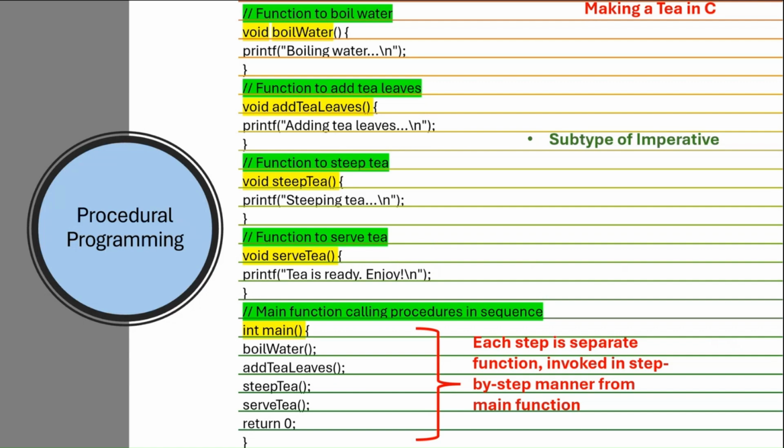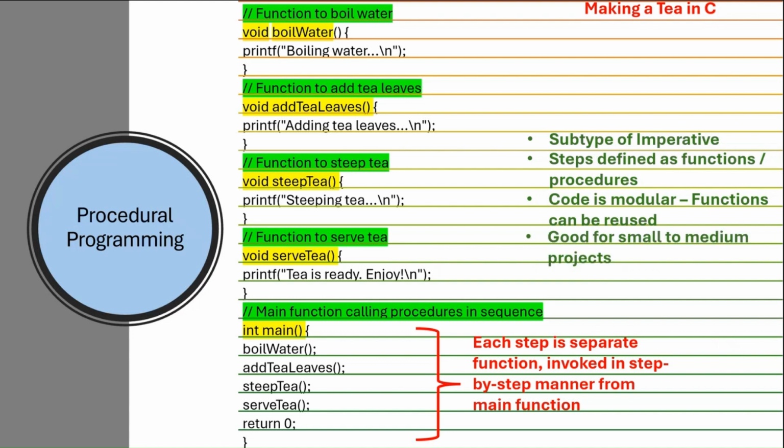Now, it is a subtype of imperative because here also we are telling the computer the steps to solve the problem, but the steps are defined more clearly using functions or procedures. Right? The code is modular, like functions can be reused, like boil water. You can reuse it in some other problem, like boiling an egg, right?